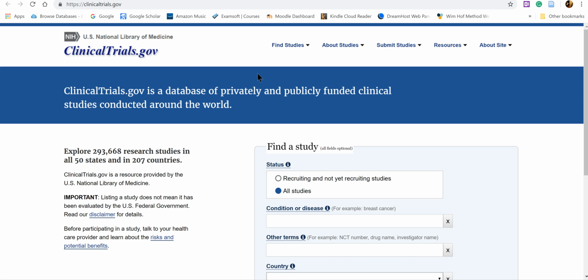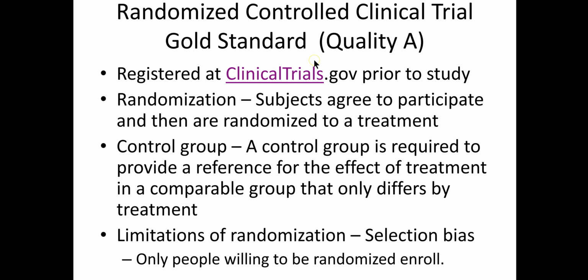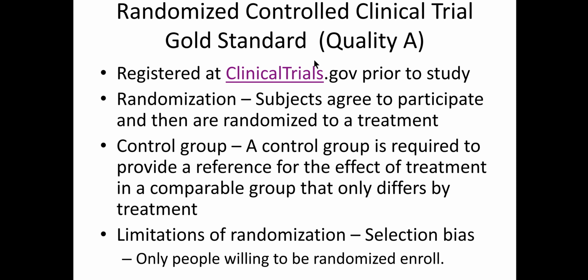In clinical trials, you have to register for the study and then complete it and give your outcomes on that. So you can't cherry pick. And the FDA will not accept information for drug or device approval that hasn't been registered at clinical trials prior to starting the study.